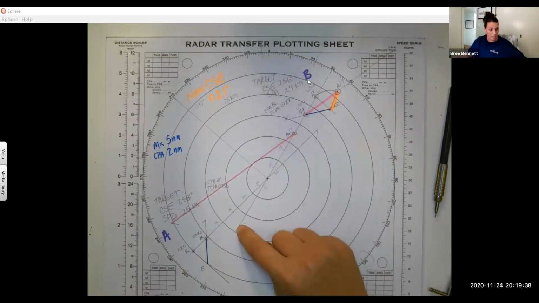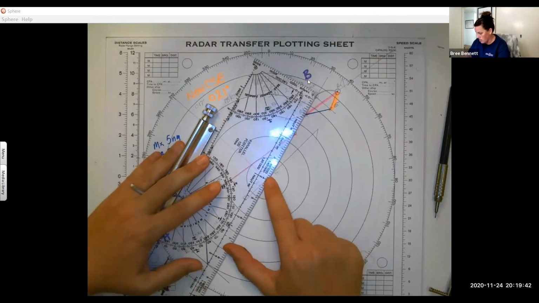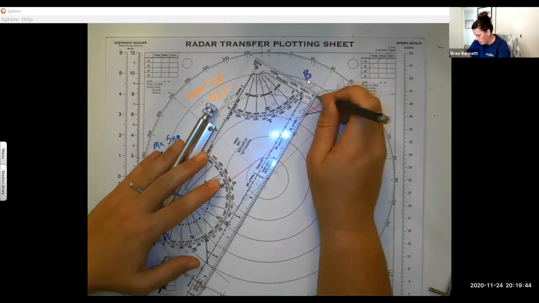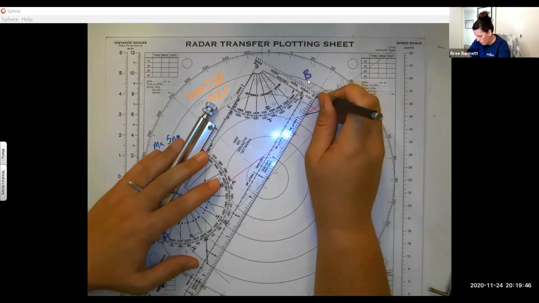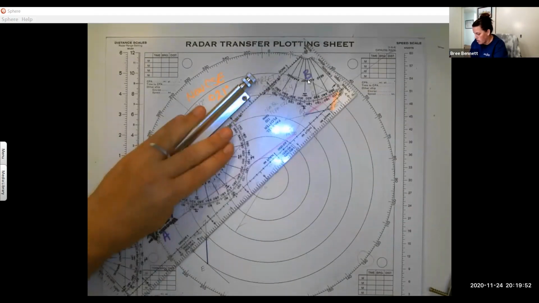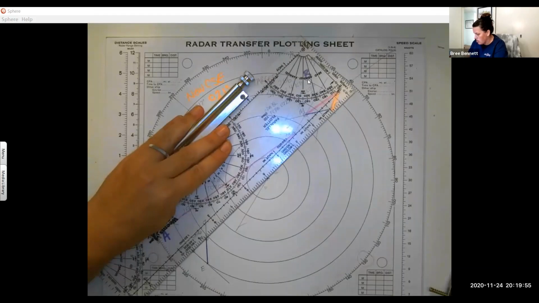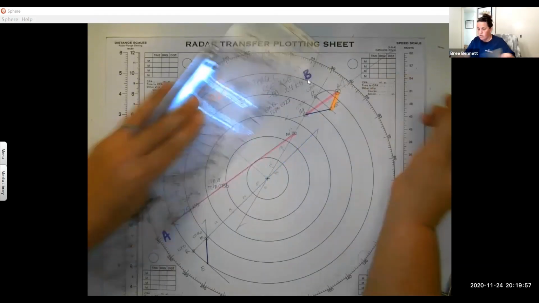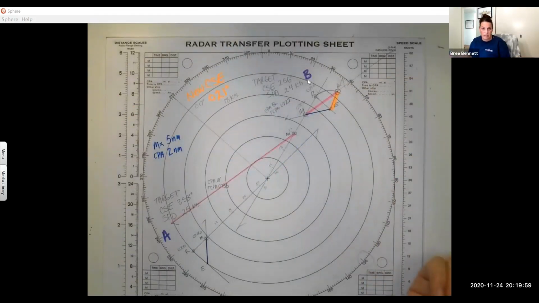If I was to plot that, I would just continue this relative motion line and say our direction of relative motion on this one was 210.45.